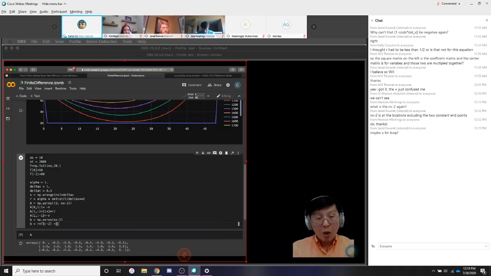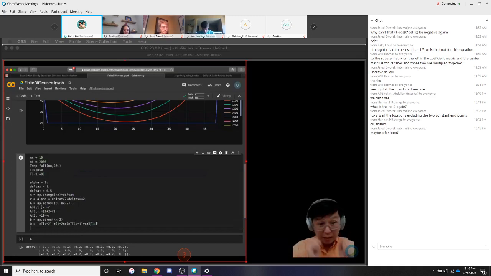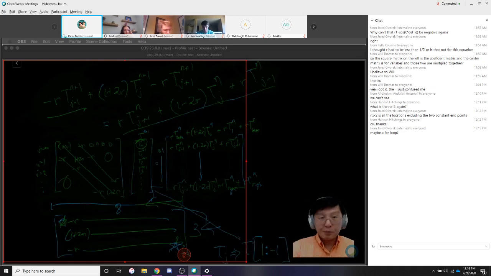And then you have the central term, and this one we have to be careful with. It's plus 1 minus 2 times r, and this is just the middle one, so it's times T 1 to negative 1, corresponding to all the j values. And then you have the rightmost term, so plus r times T, and now instead of starting at 1, you add 1 and increment all the way to the very end. So that's our b value.